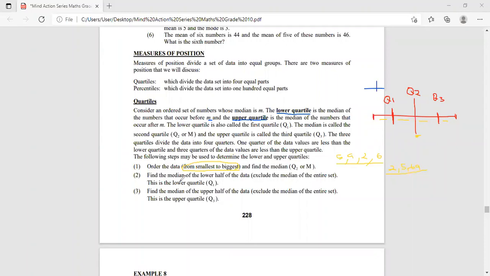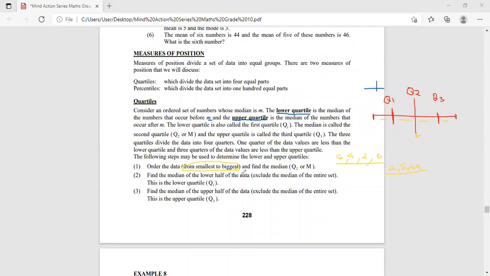Step 2, find the median of the lower half. Exclude the median of the entire set. This is the lower quartile. This is what they mean when they say find the median of the median.